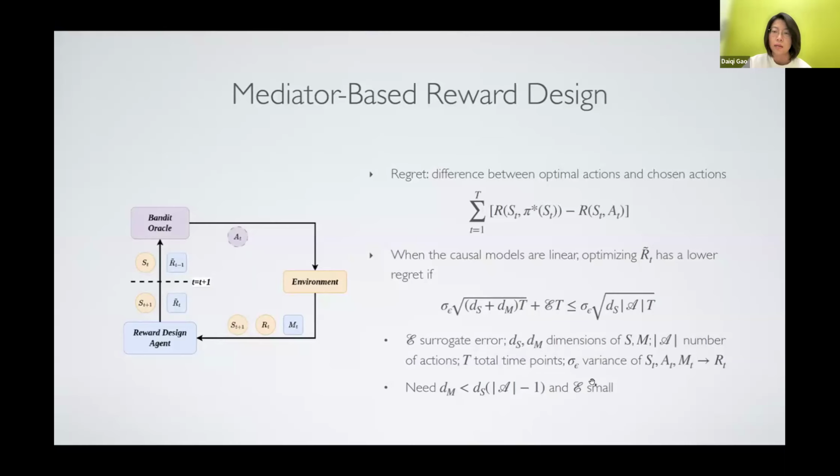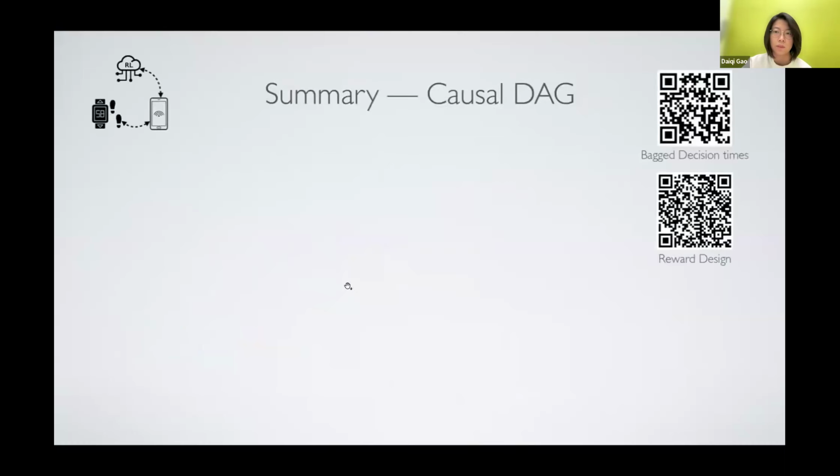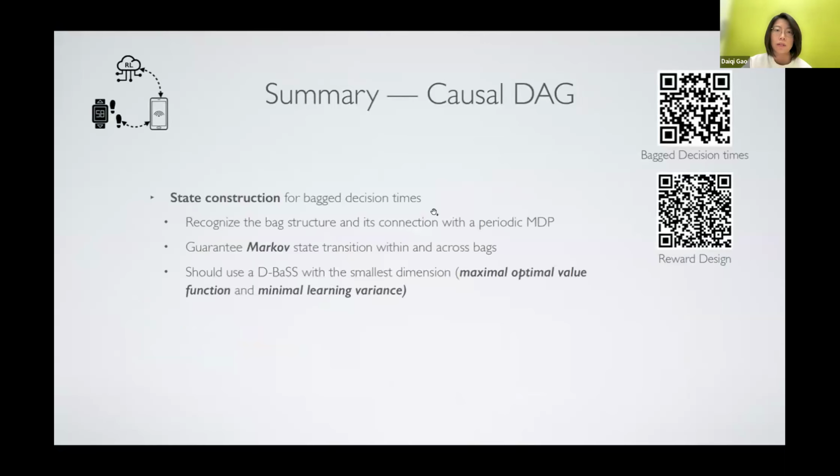And here we also allow mild violation of the surrogacy assumption, which is quantified through the E here as the surrogate error.